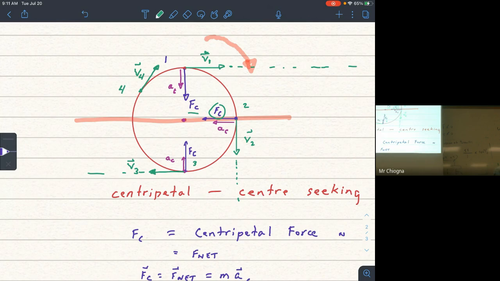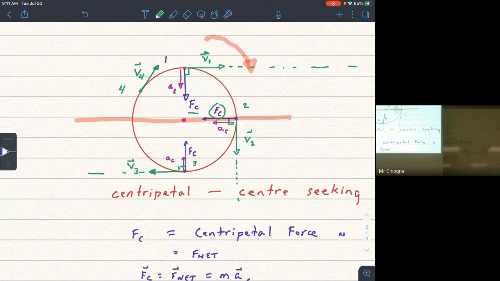When I draw the velocity, it is the tangent to the circle. I'm assuming you know what a tangent is, right? It just touches the circle at one point. And it's perpendicular. The velocity is, in all cases, perpendicular to the radius. Perpendicular to the force, which is the same thing as saying it's perpendicular to the radius of the circle.